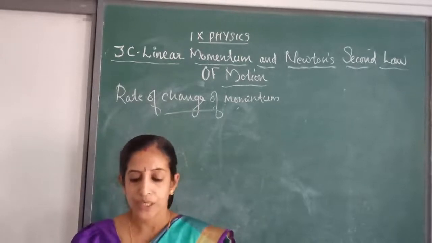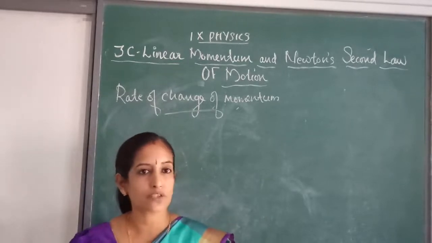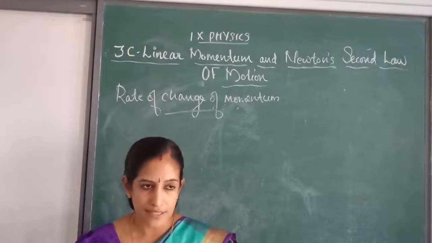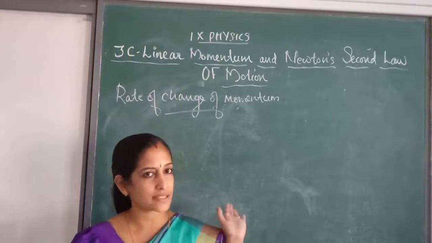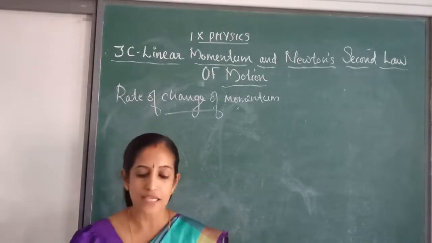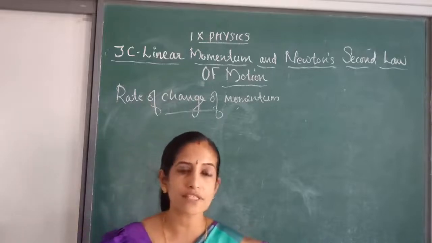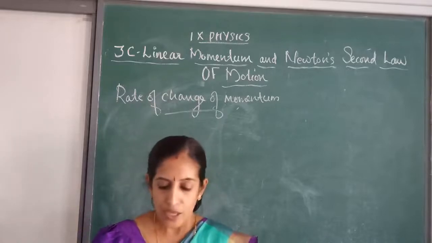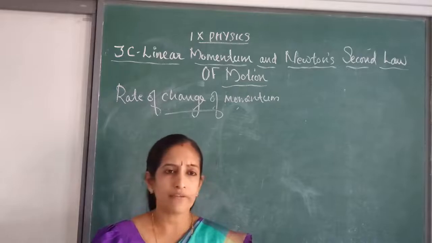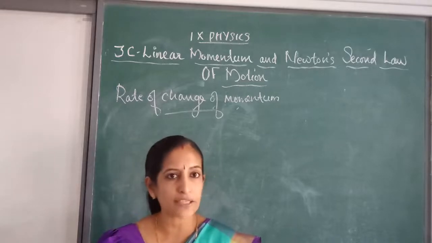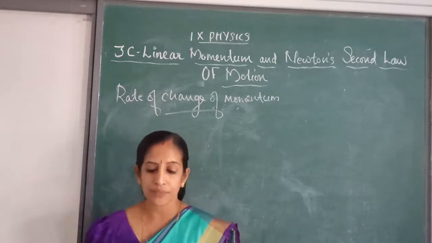Due to this, momentum also will change. So mass remains a constant, as we discussed in the previous topic, and when we apply force, the velocity of the object is changing.